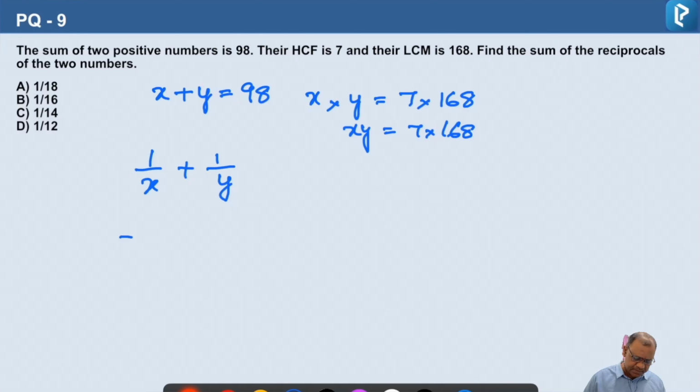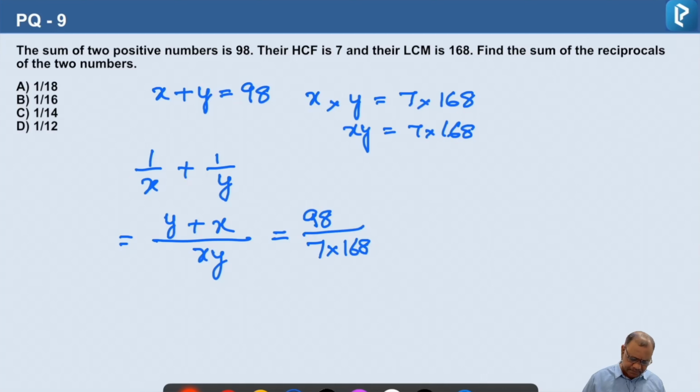So what is the LCM here? xy is the LCM. So xy is divisible by x, y times, and xy is divisible by y, x times. So the numerator is x plus y, which is equal to 98. The denominator is xy, which is equal to 7 into 168.